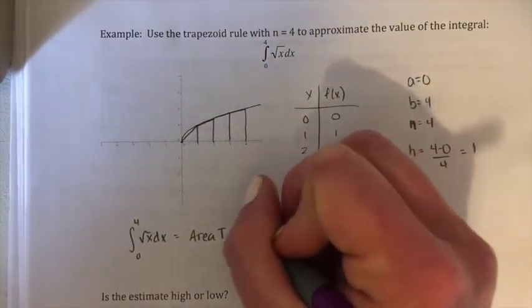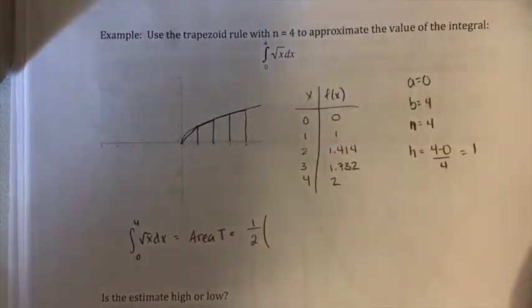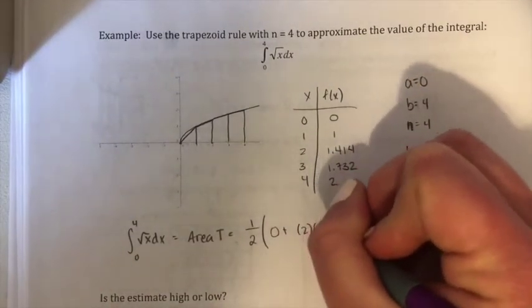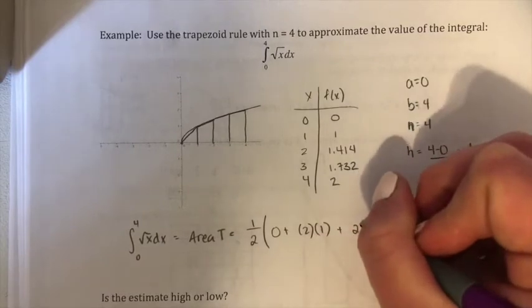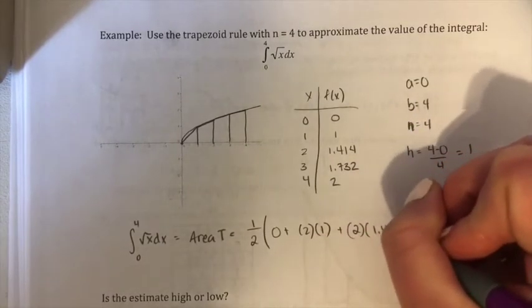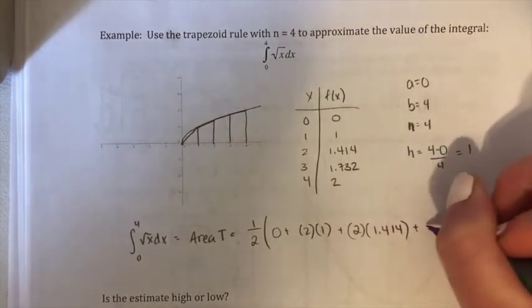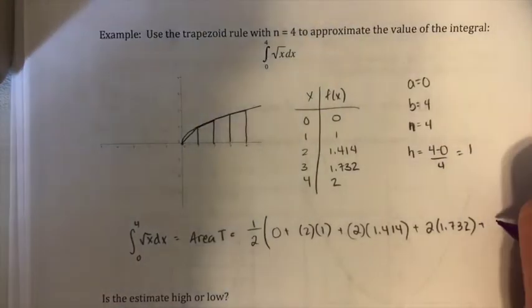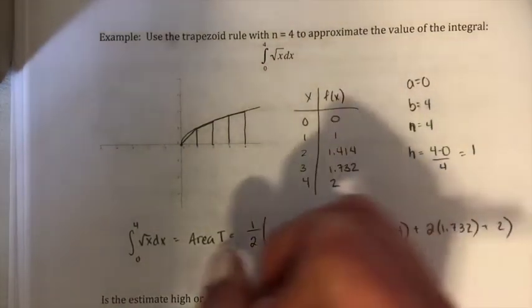So h, 1, divided by 2, times the first value plus 2 times the second value plus 2 times the third value plus 2 times the fourth value plus the last value.